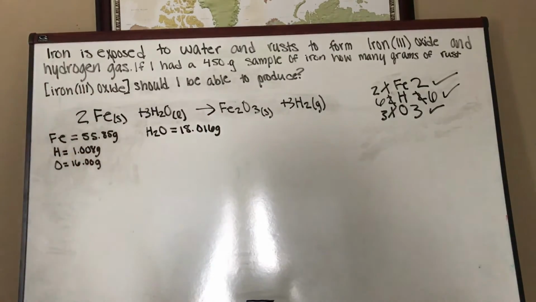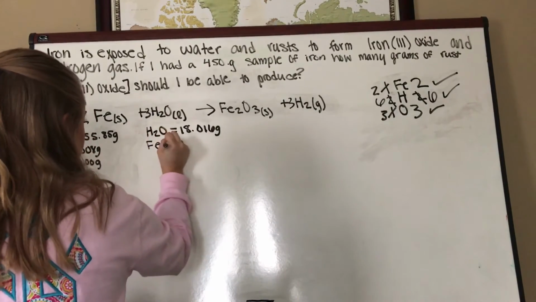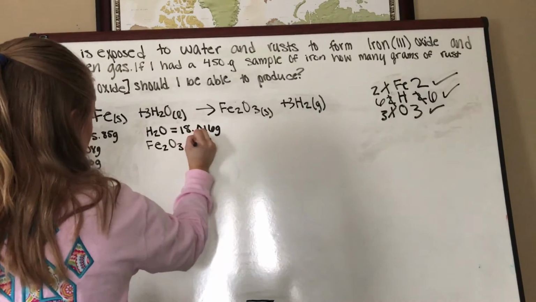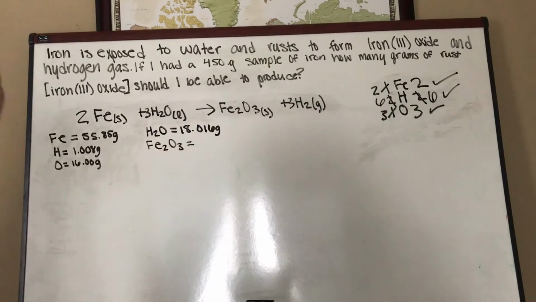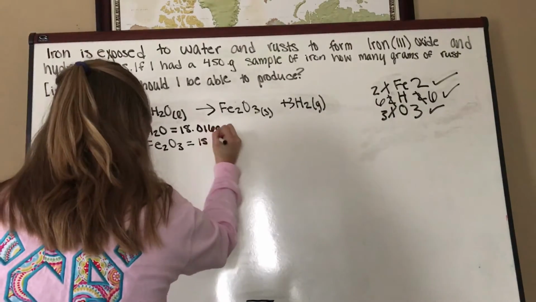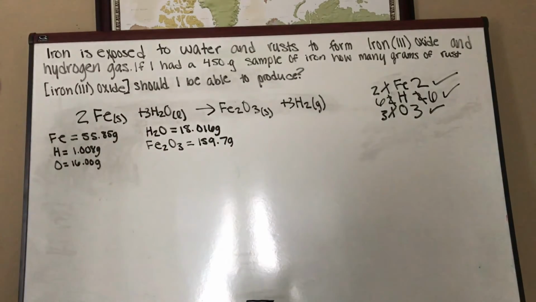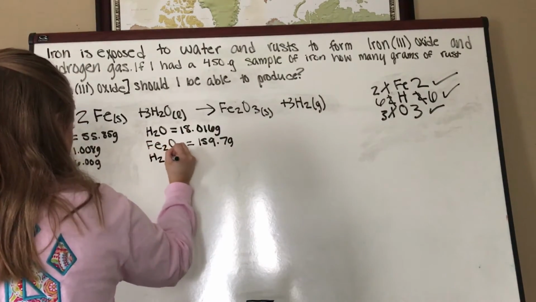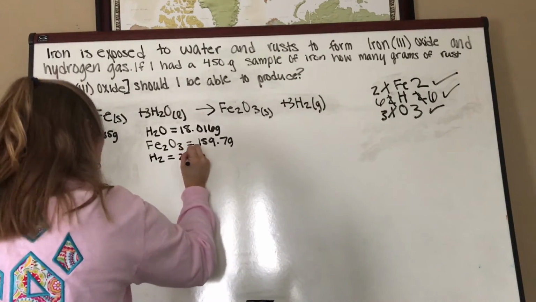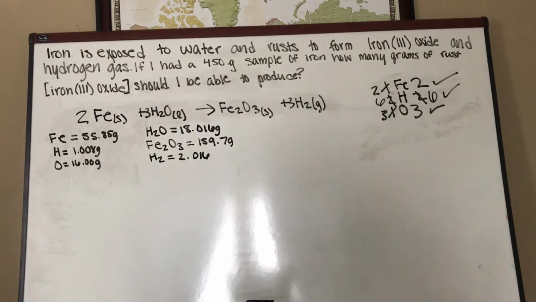So that is our total for H2O. For iron oxide, we will add up 2 irons and 3 oxygens, which will give us 159.7 grams. Now, we also want the molar mass of H2, and H2 is 2.016. So those are all of our molar masses.